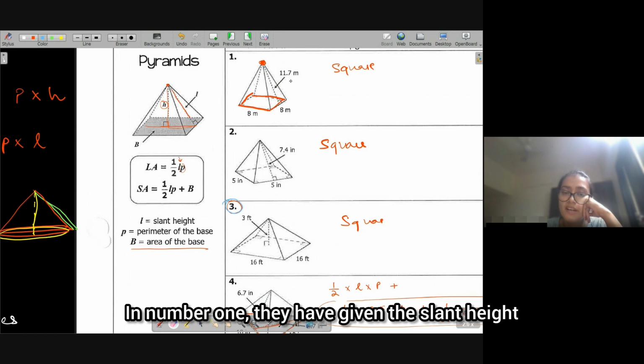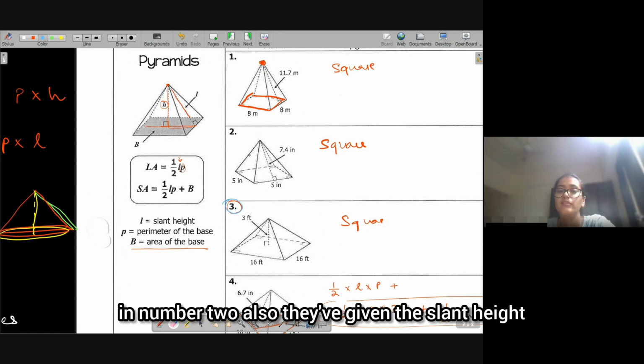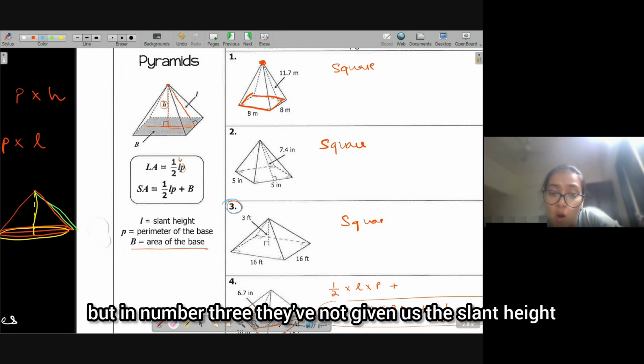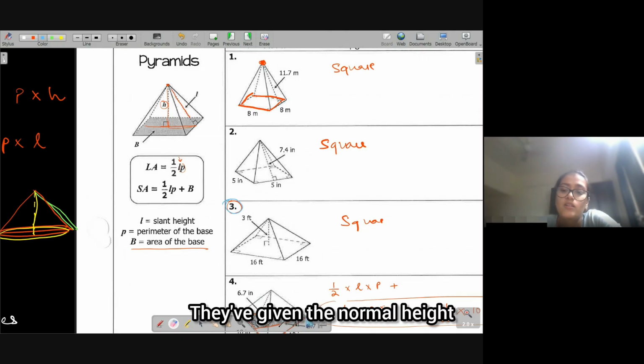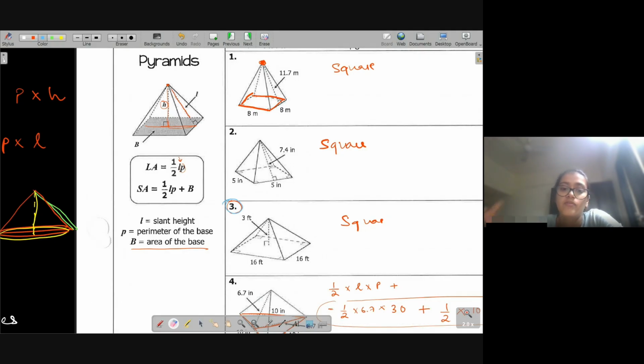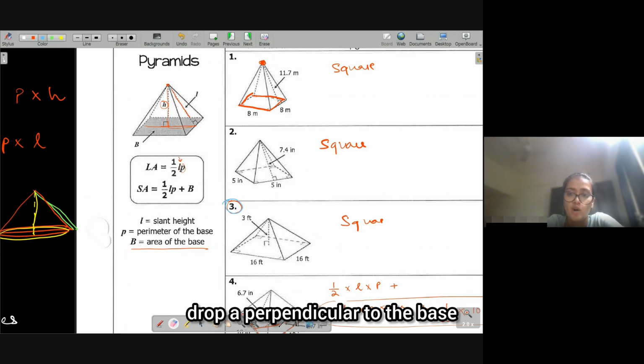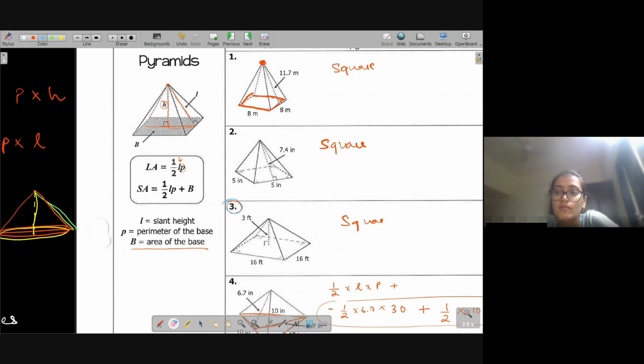In numbers 1 and 2, they have given the slant height. But in number 3, they've given the normal height from the topmost point, dropping a perpendicular to the base.